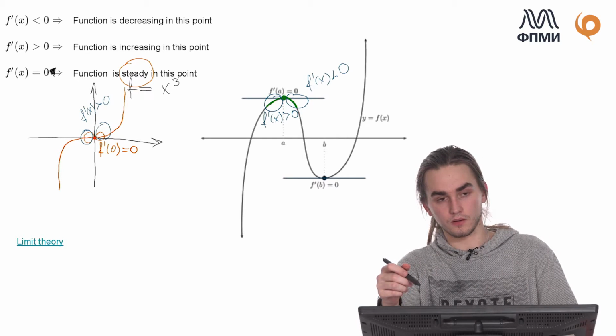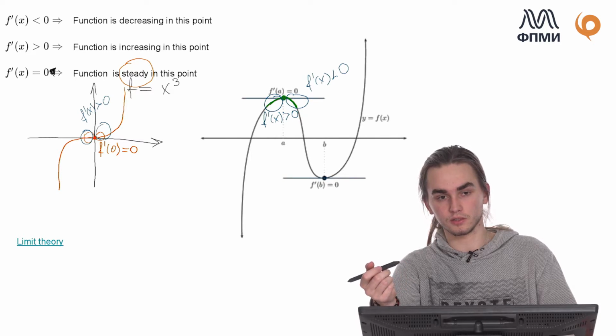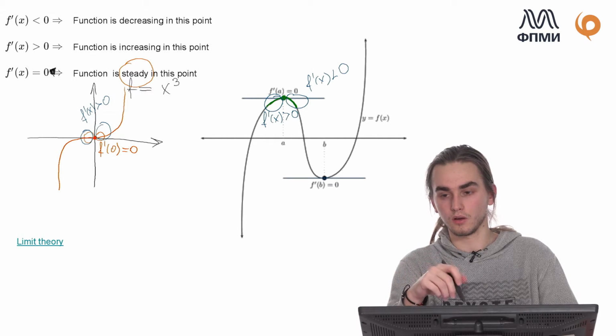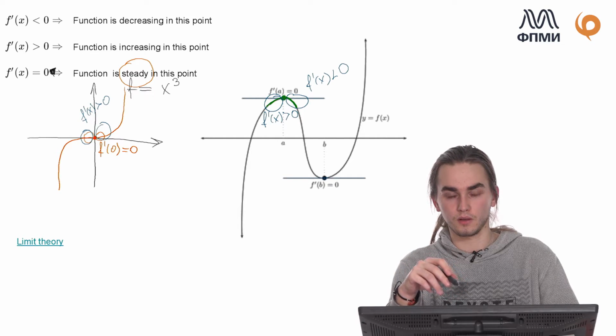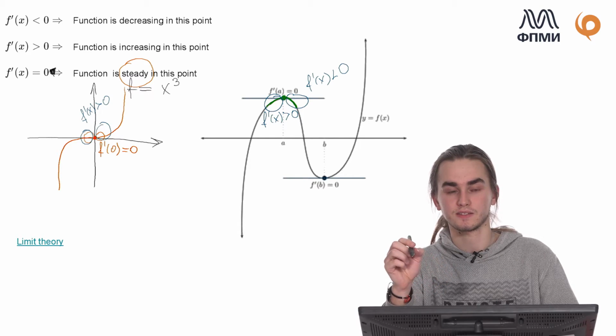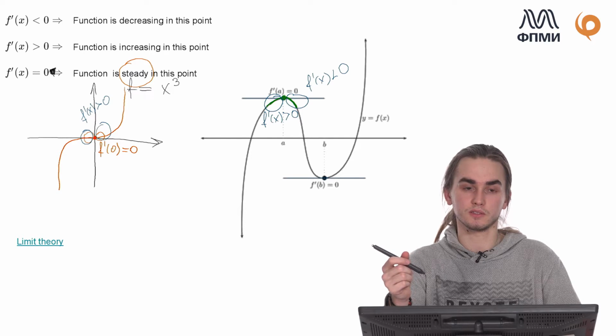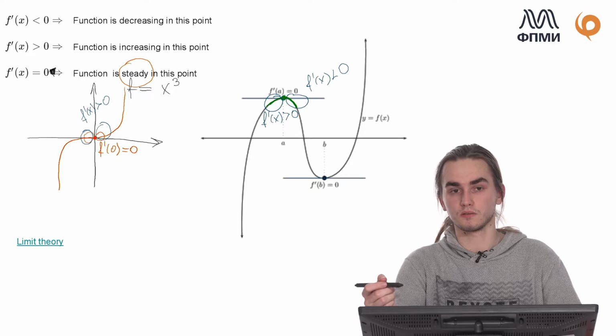In both cases, f prime x here is more than 0. So this brings us to the second theorem, that is about the necessity of an extremum. So if some point is an extremum and the function is smooth enough, that means that in this point of extremum f prime x is 0.